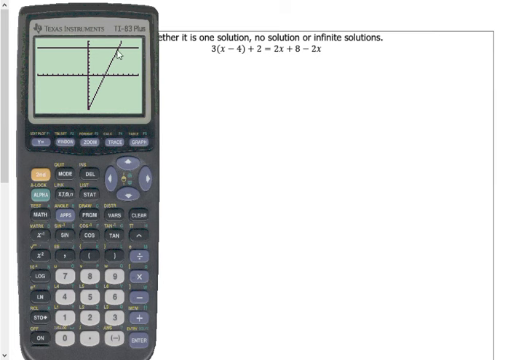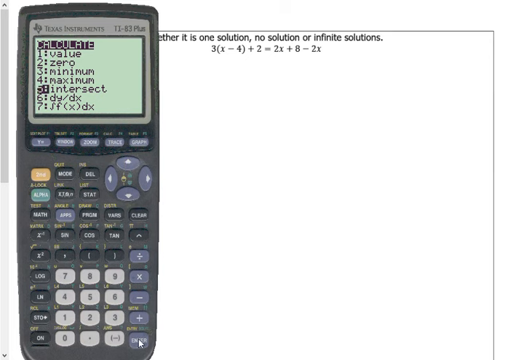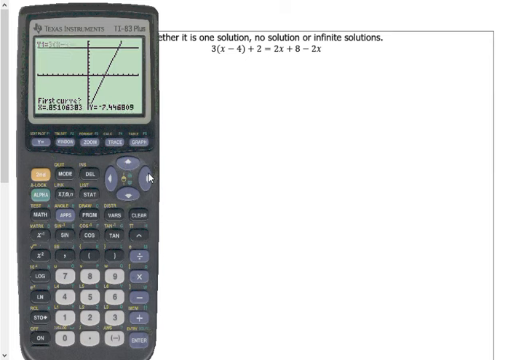Here's the intersection, and to get intersection, we go to calculate, intersection, and I put my cursor kind of where I want to find that intersection, so here's probably close enough, and we need to hit enter 3 times until I get intersection here. Now this tells me, I don't care about the y, but it tells me the answer that x is equal to 8, or 6, my bad.